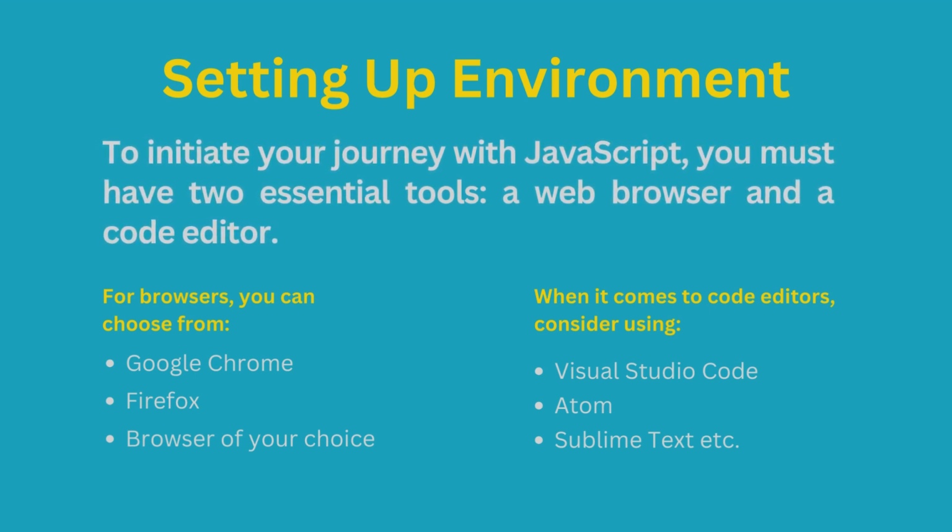Any browser can be used, Google Chrome or Firefox, or any other browser of your choice. You also need a code editor. Some of the code editors are Visual Studio Code, Sublime Text, and Atom. I personally prefer VS Code because it is a cross-platform code editor that can easily run on Mac OS, Windows, and Linux.